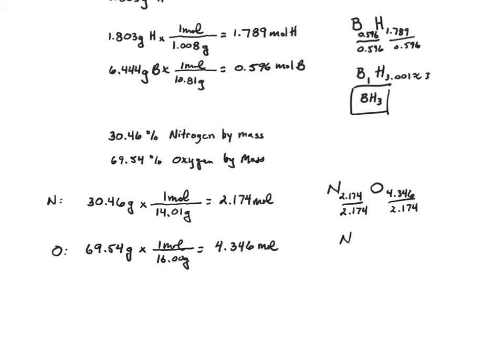And I get a 1 for the N and a 2 for the O. So this is NO2. Okay, so again, this is another case of us figuring out the empirical formula from mass data.